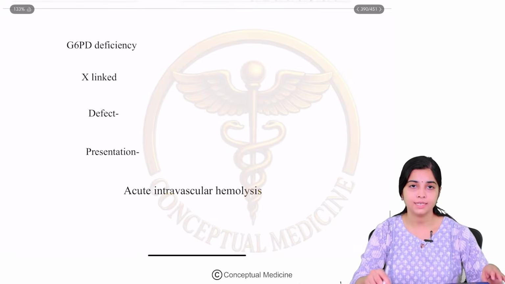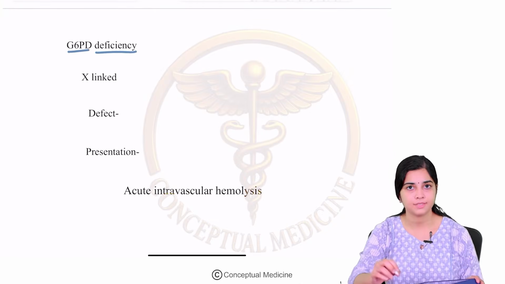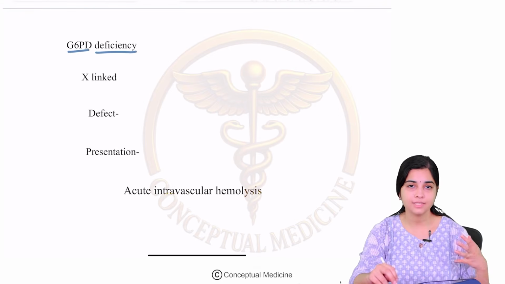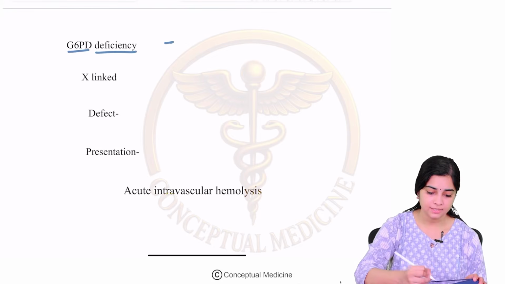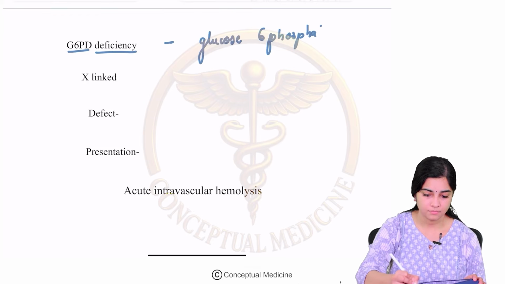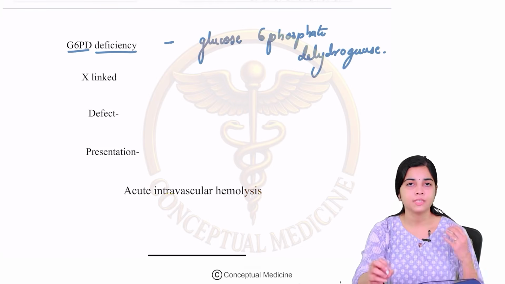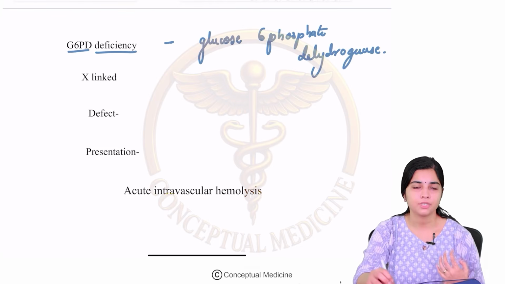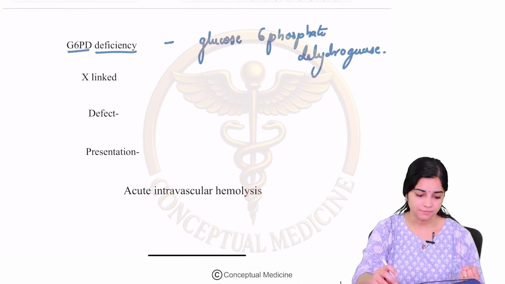Now let us understand an enzymopathy which is G6PD deficiency. Okay, so what is this G6PD deficiency? G6PD is basically glucose 6-phosphate dehydrogenase, right? So this glucose 6-phosphate dehydrogenase is basically an enzyme which is part of the glycolytic pathway.